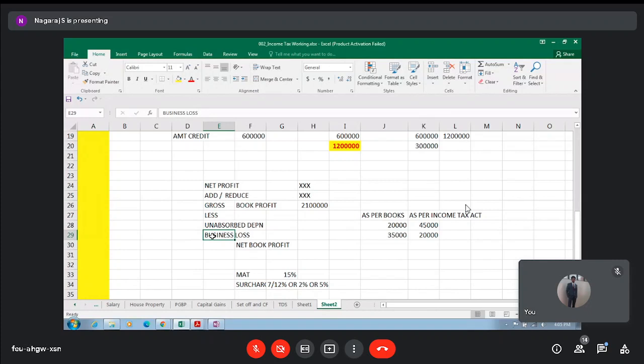Thank you so much. If they have given both as per books and as per Income Tax Act, don't consider as per Income Tax Act. Only as per books you need to consider, only for MAT.